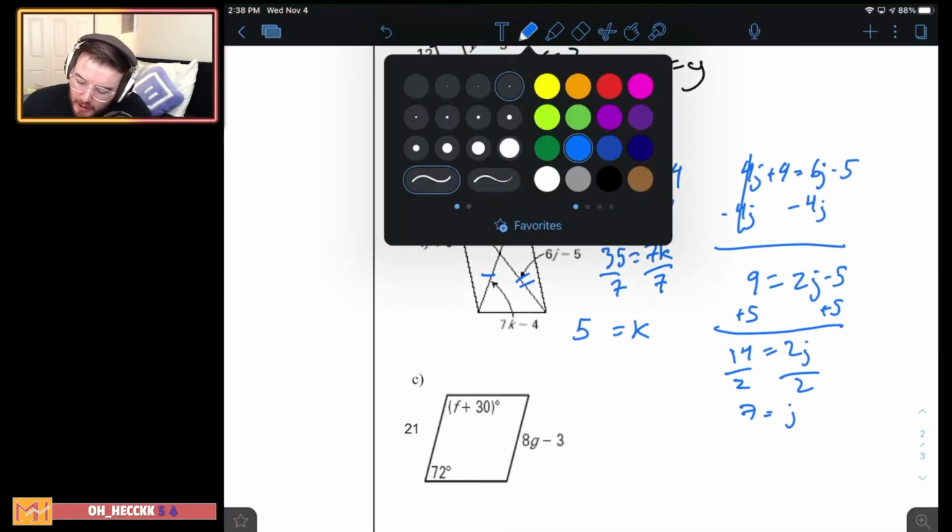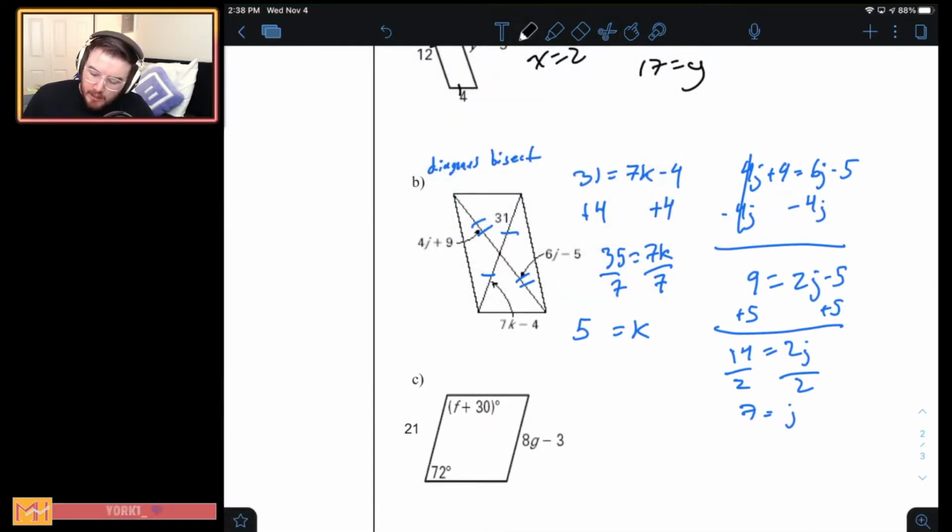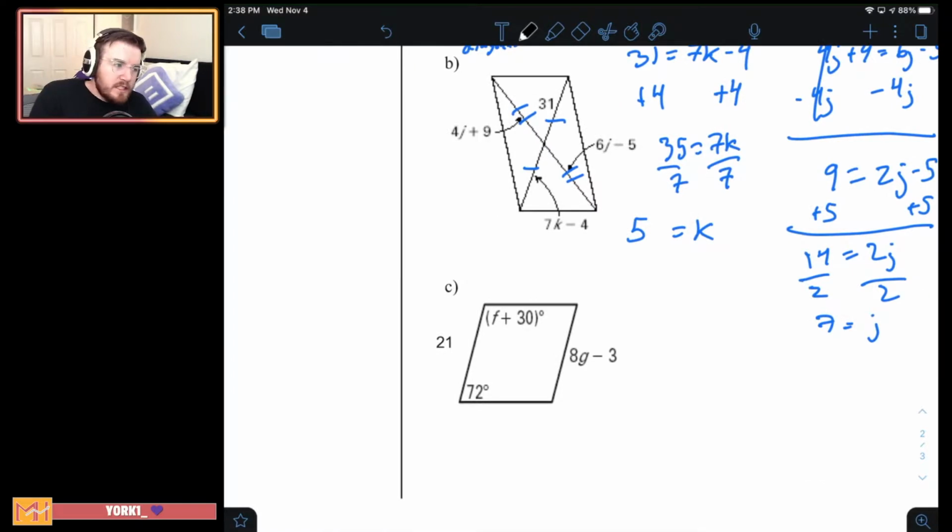And then one more time, last but not least, we've got some angles and some sides. I see students sometimes start to mix things up. You're never going to set an angle equal to a side or something weird like that. Sides are sides, angles are angles. Their measurements are different. So I'm looking at this and going, okay, this side is congruent to this side.